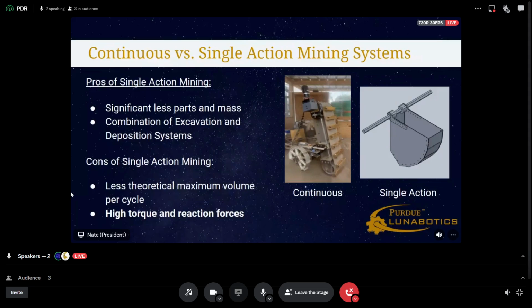Less of a theoretical model, but most importantly, what are the torque requirements and the reaction forces for a system like you see on the right, which is basically a giant scoop, and are those enough for the trade-off of simplicity for a single action system not to be worth it?